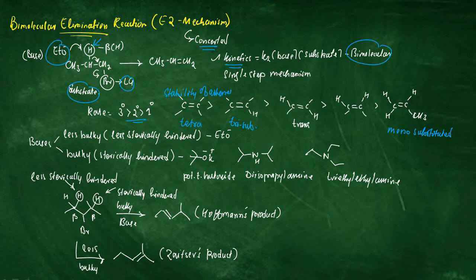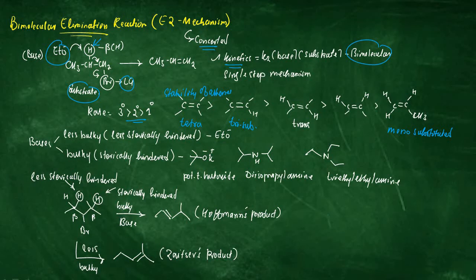If there is a greater number of substituents on the double bond, such as in case of tetra substituted alkene, the interaction will be greater, and we will get a greater degree of stability. So that's why a tetra substituted alkene is more stable than a tri-substituted alkene. So this is the nature of substrate, which is important in bimolecular elimination reaction.